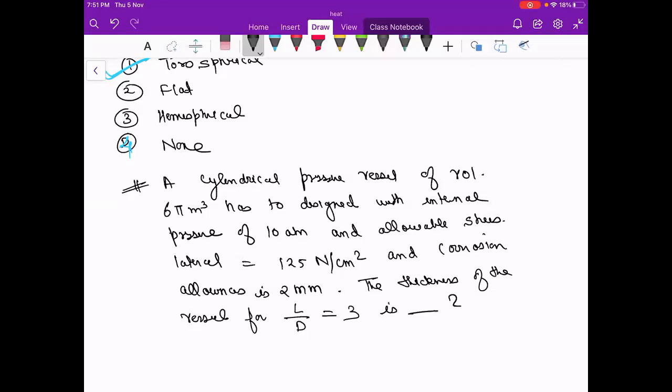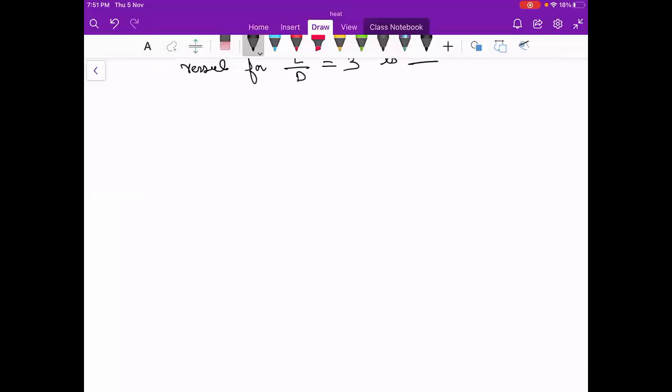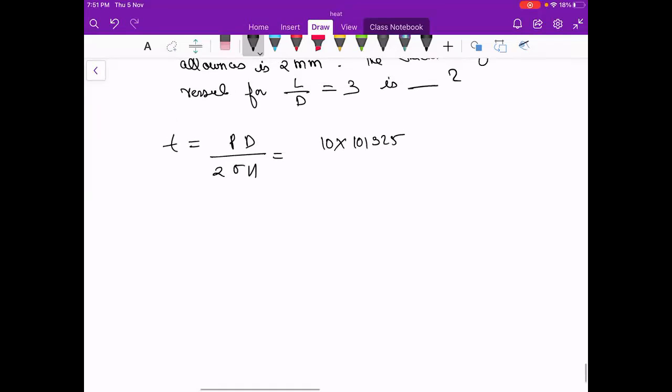So see, what is the formula for us? T equals to PD by 2 sigma H. So that is the thing we are getting here. If you solve this, how much are we getting? 10 atm is given, so 10 into 101325.